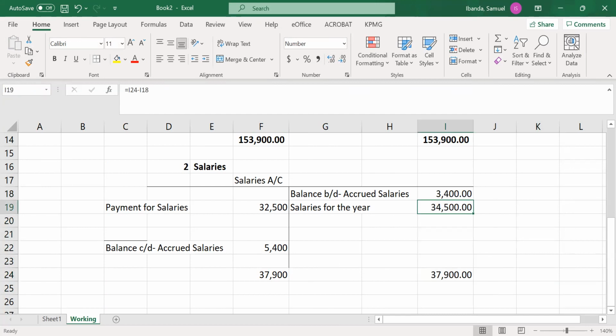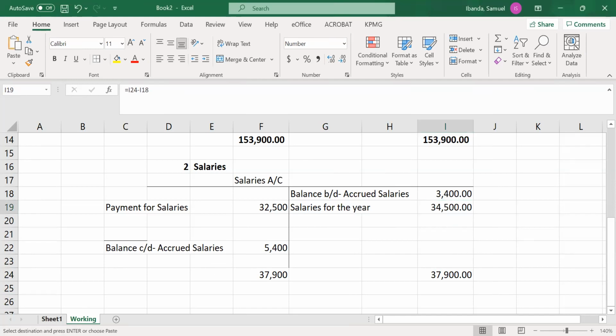So the 34,500 is basically our so-called salaries that we are going to distribute. So our salaries is this.